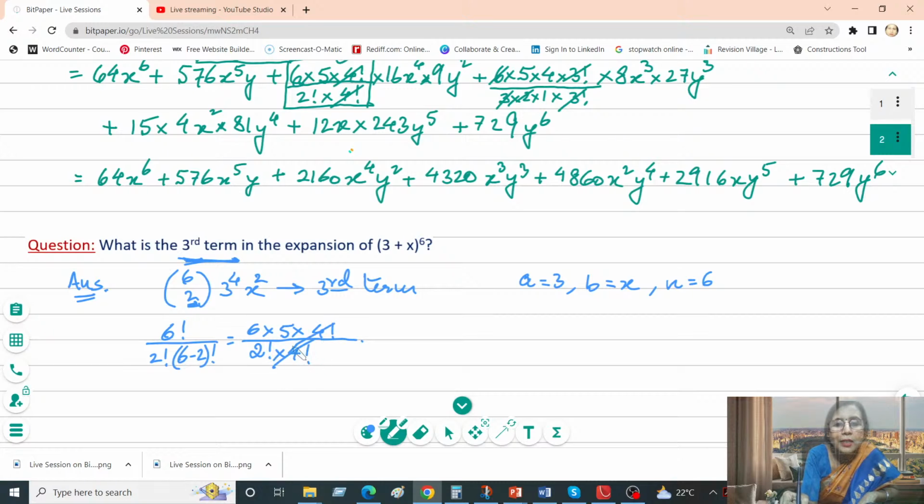So these two get cancelled, and 2 factorial is 2. So 6 times 5 is 30 over 2 is 15. So this is equal to 15.